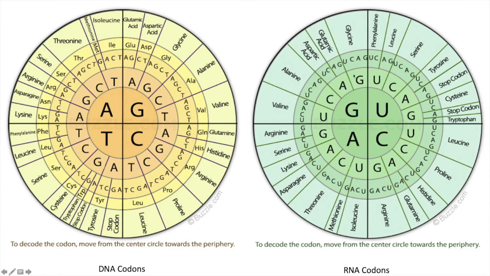This would be from the messenger RNA, which would be looking exactly like the coding strand, except instead of thymine, it would have uracil. But you're either given the DNA strand, A's, T's, C's, and G's in order, or you're given the RNA strand, A's, U's, C's, or G's in order.